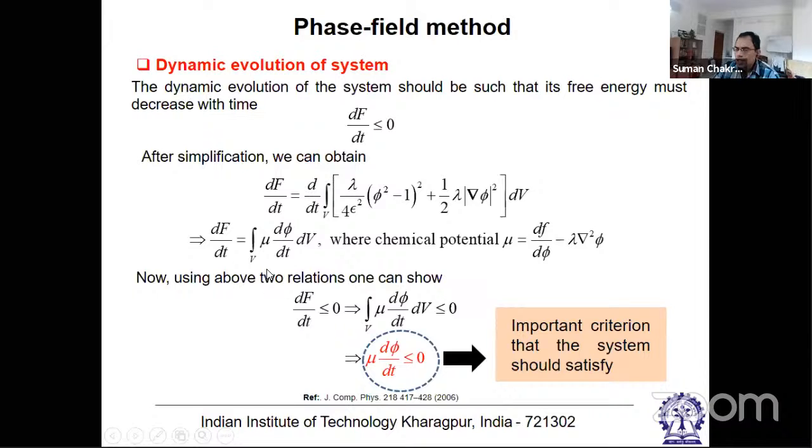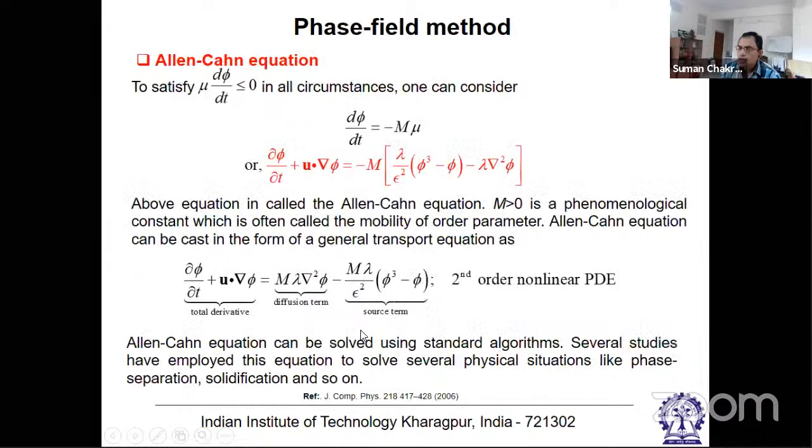So df dt you can write as df d phi into d phi dt, and that is equal to mu into d phi dt, where mu is the chemical potential. So if this has to be less than or equal to 0, that means mu into d phi dt is less than or equal to 0. In other words, you can write d phi dt is equal to minus m into mu, where m is positive. Then this product will be negative.